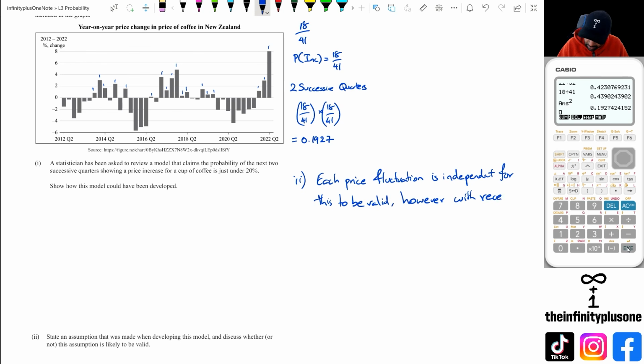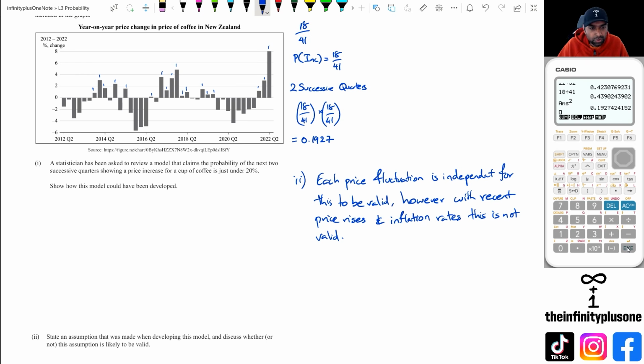However, with recent price rises and inflation rates, this is not valid, because it is kind of dependent.